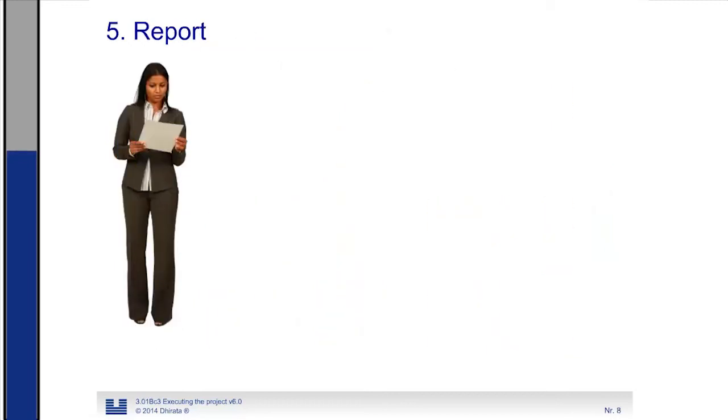The project manager will report on the progress of his project. I'd like to discuss now why we are reporting. Firstly, because it forces us to reflect on the progress of the project. When you need to write down something, you need to think about it.